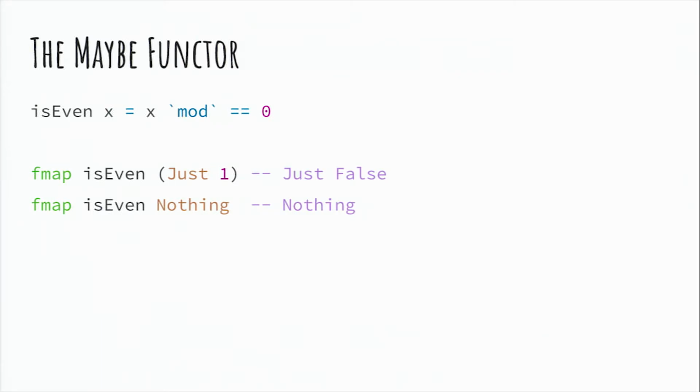For example, if you have a function that tests if a value is even, then if you do fmap isEven of Just 1, well, 1 is not even, so it's Just False. And if you try to do that with a Nothing, then you get Nothing back.